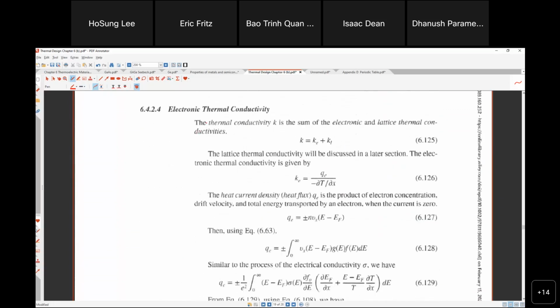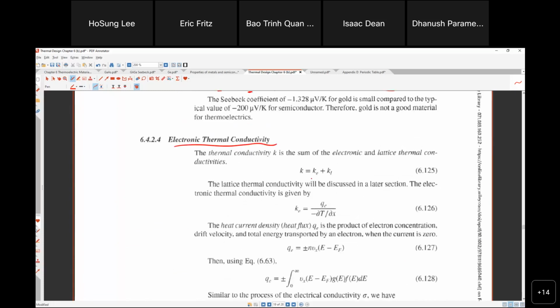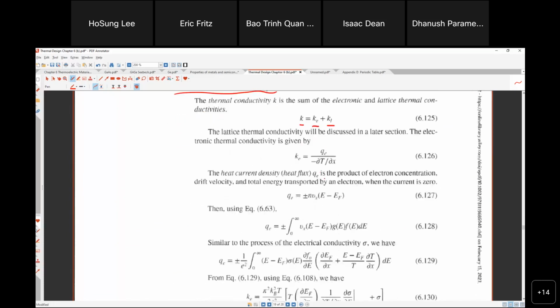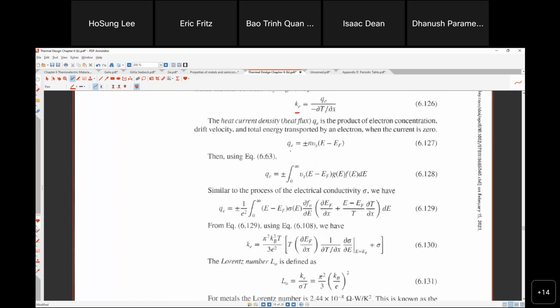Now I think I have to look at the electronic thermal conductivity. K consists of two parts. Again, K is obviously thermal conductivity: heat flow over temperature gradient. The heat flow turns out to be, as long as the electrons are moving, they have energy.